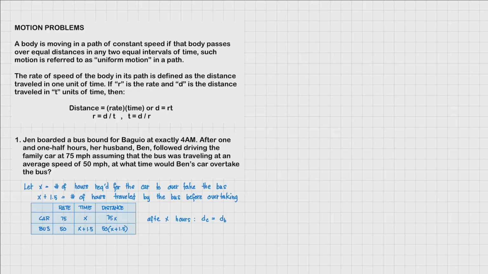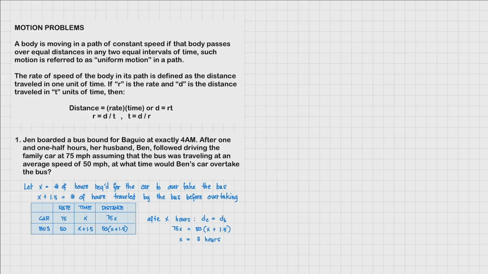So we can now equate these distances. So we have 75x equal to 50 times x plus 1.5. Solving for x, we would get 3 hours.